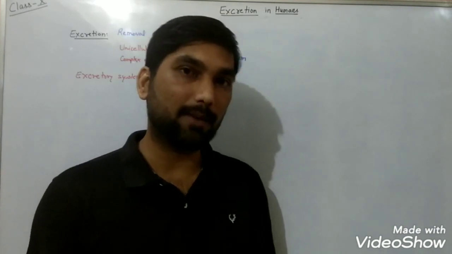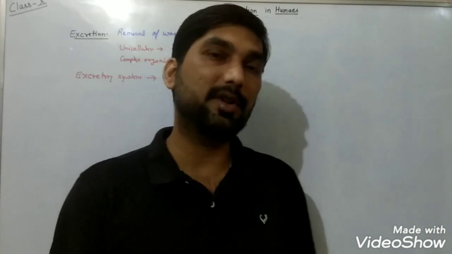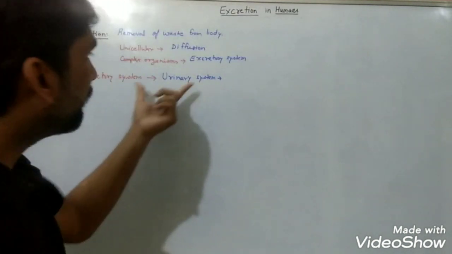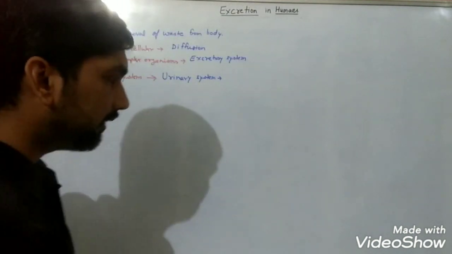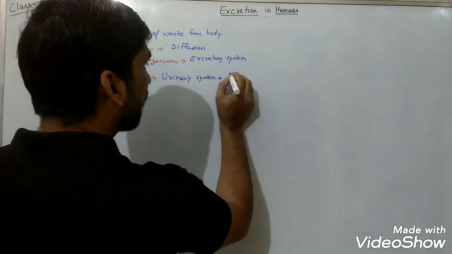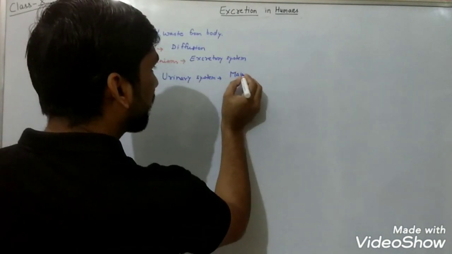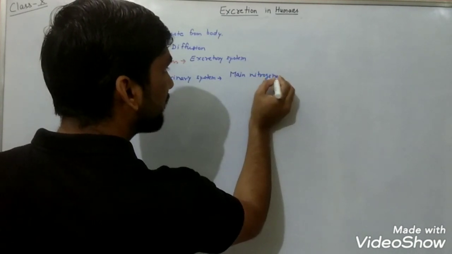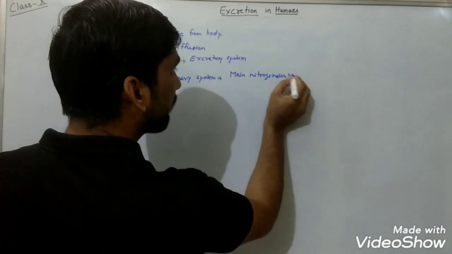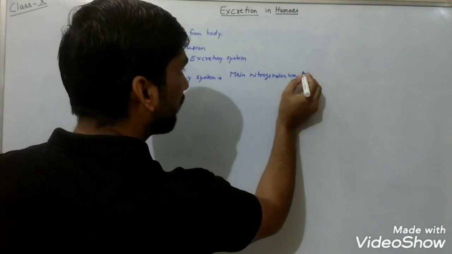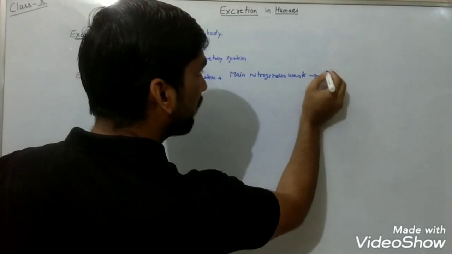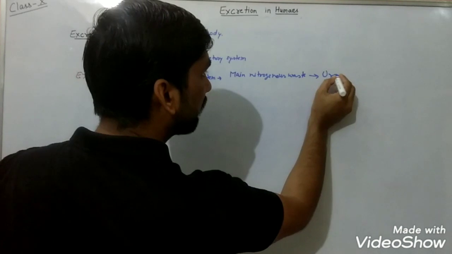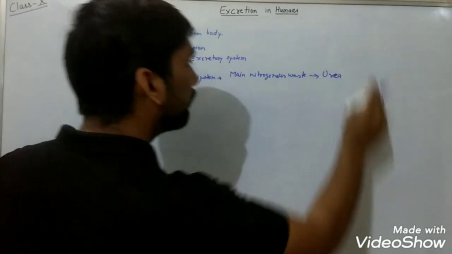But when we consider the main excretory system, that is known as urinary system, and the main nitrogenous waste in our body, nitrogenous waste, that is urea.